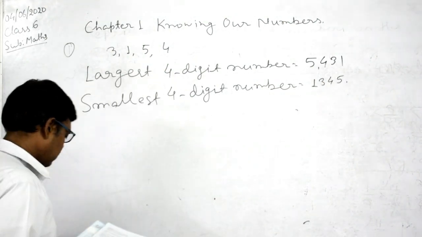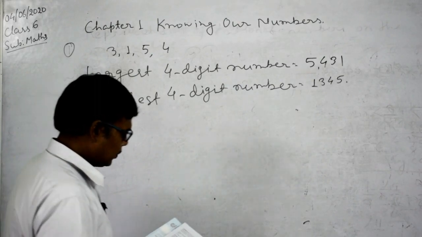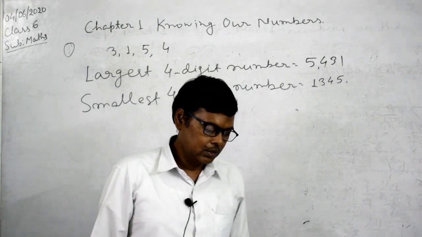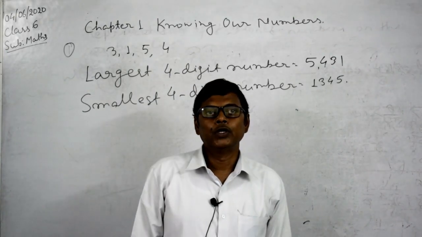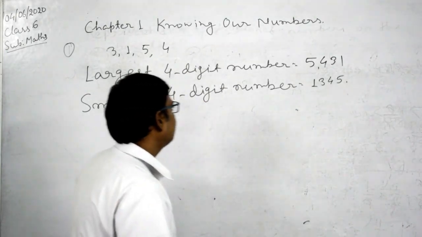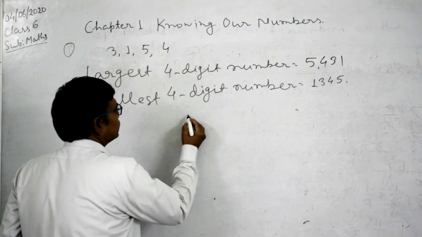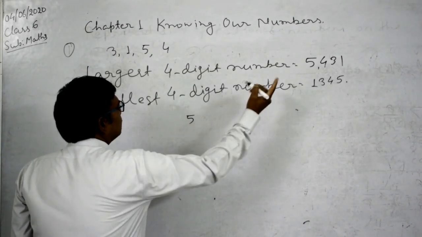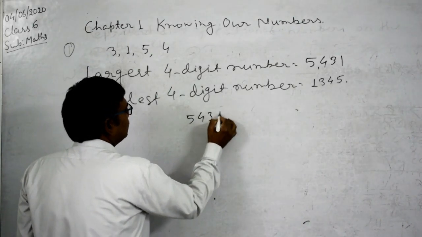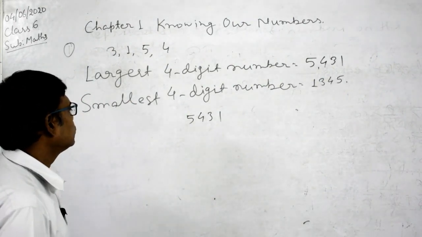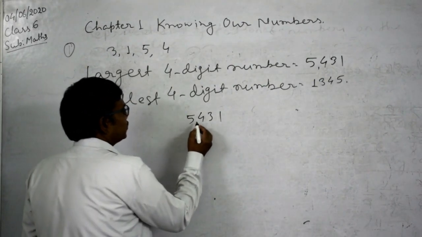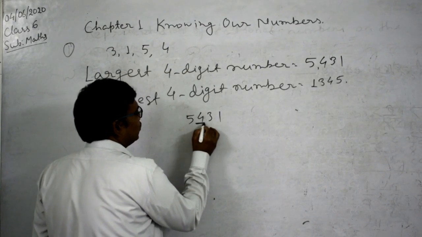Now next is number 2: write the place value and the face value of the colored digits from the following. Do you know the face value and the place value? For example, suppose the number is 5,431 and the question is what is the face value of 4.